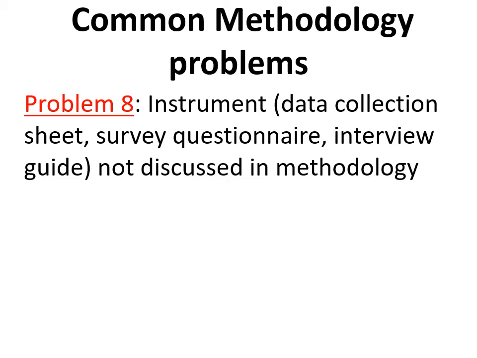The same goes for a survey questionnaire or an interview guide. Also, you'll want to say something explicit like, in Appendix 1, we see the data collection sheet. It contains blah, blah, blah, something like that. So don't just include an instrument and then not discuss it.